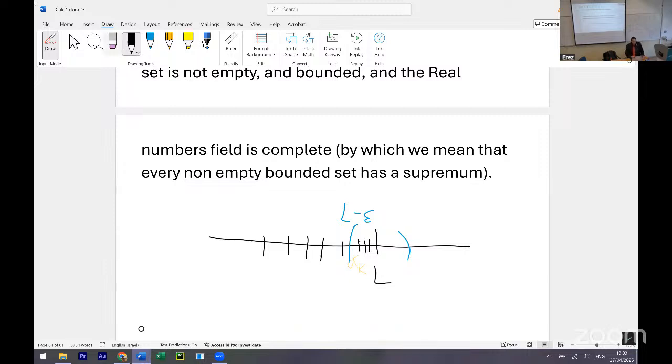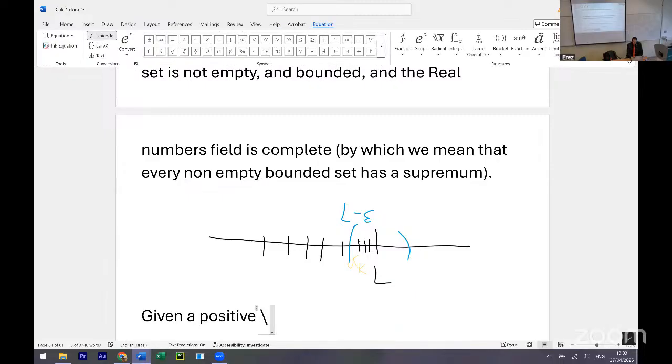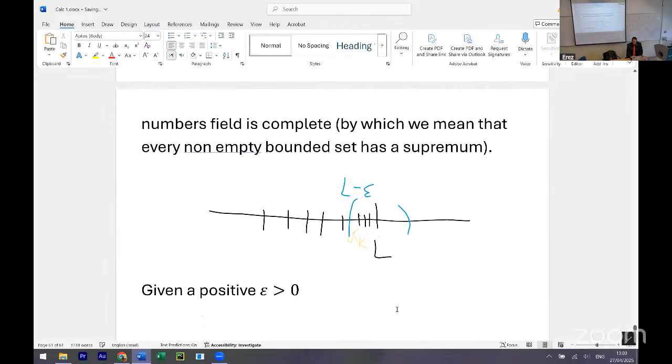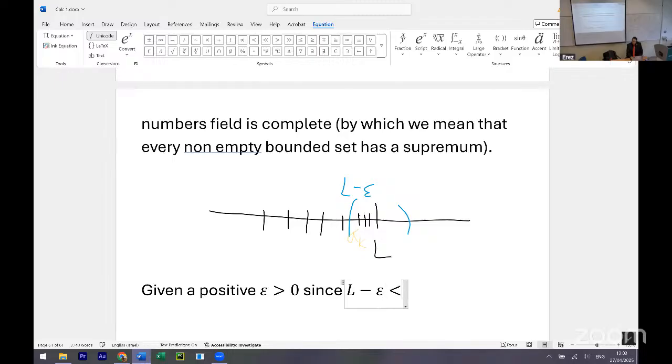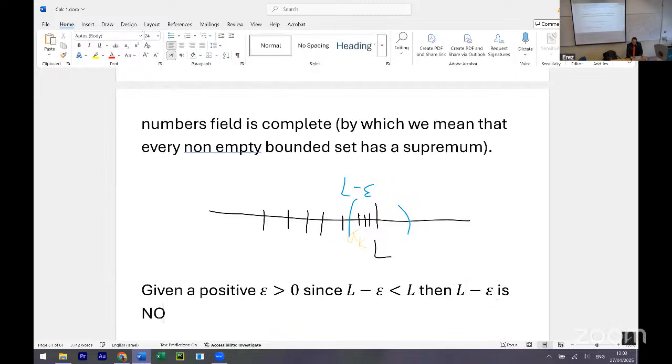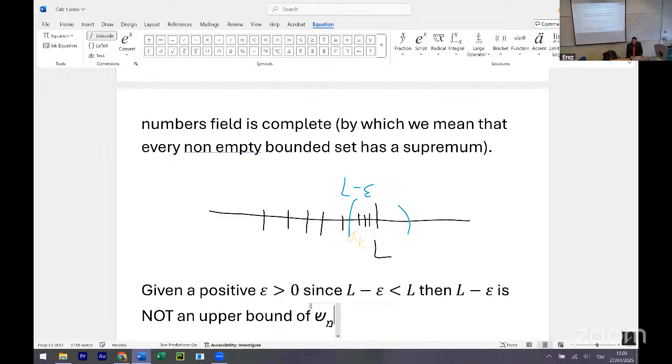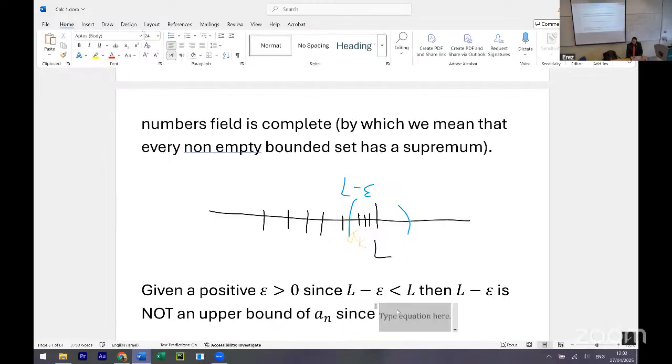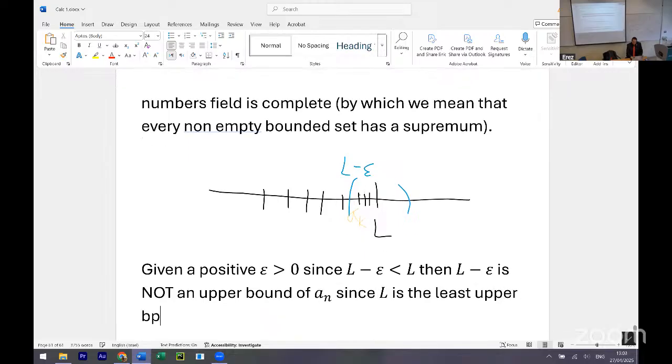Okay, so now I'm going to write some stuff. Given a positive epsilon, since L minus epsilon is smaller than L, then L minus epsilon is not an upper bound of the sequence, since L is the least upper bound.